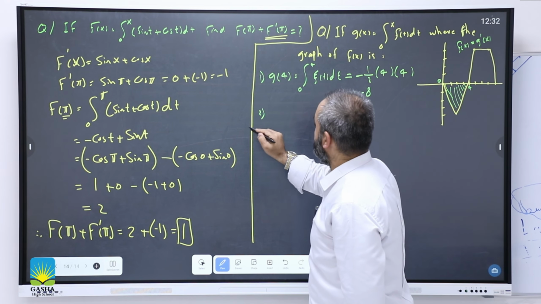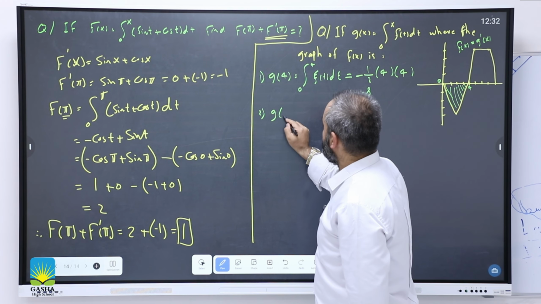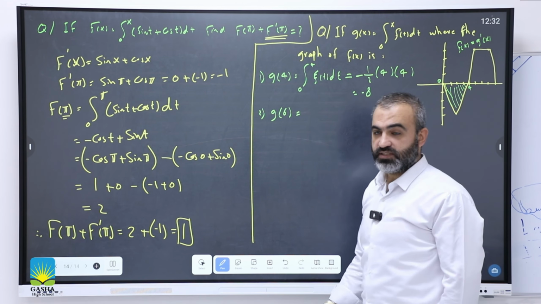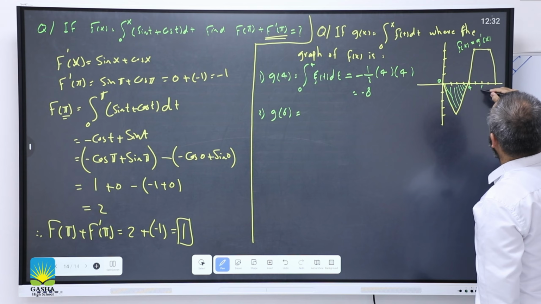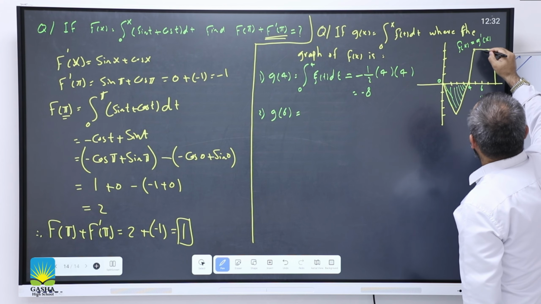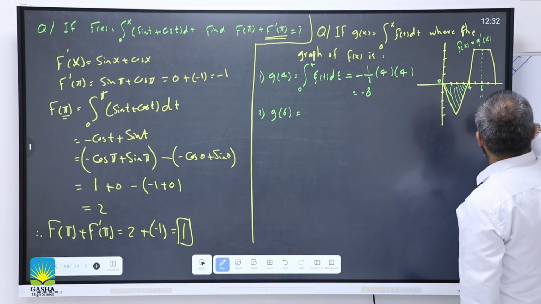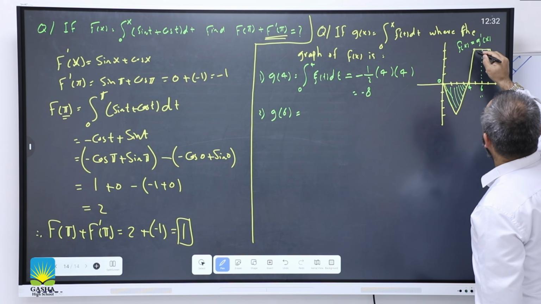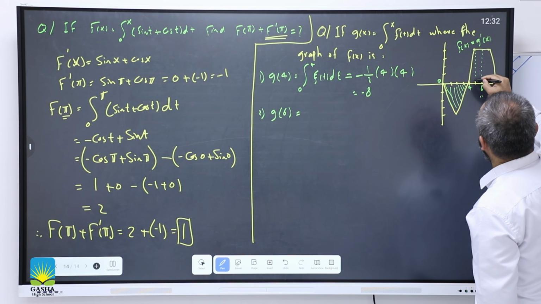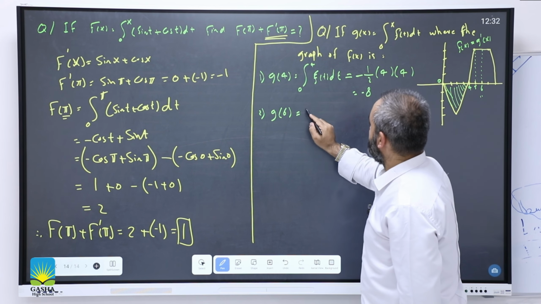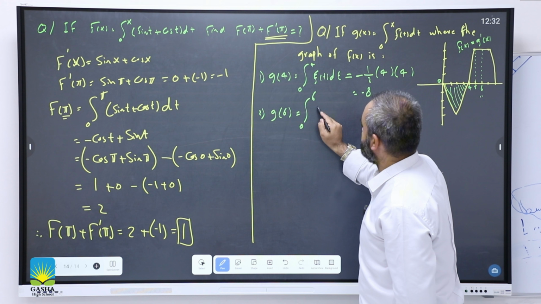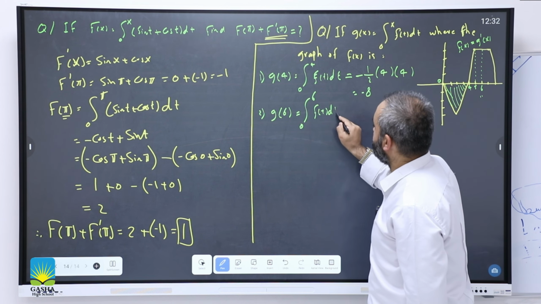What is the second ask here? G of 6. What is the G of 6? G of 6 here. So the number 6 here. And this is the part here. And we have another part, 5 here. So the G of 6 starts from 0 to 6 of f of t dt.